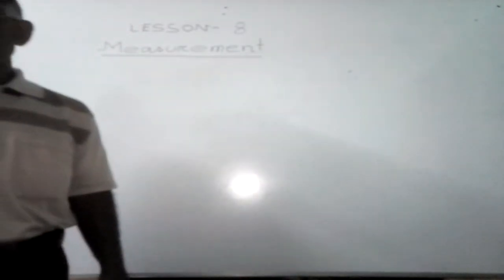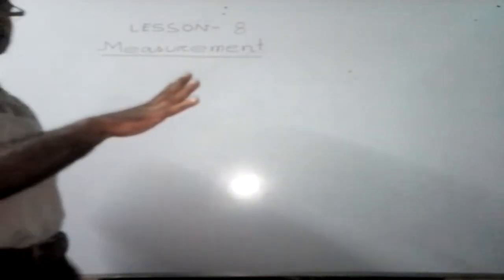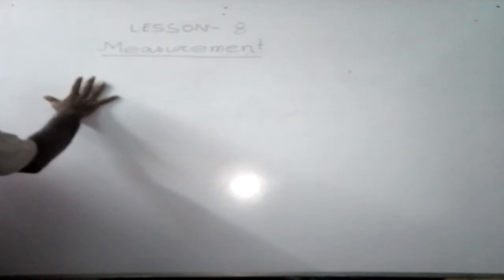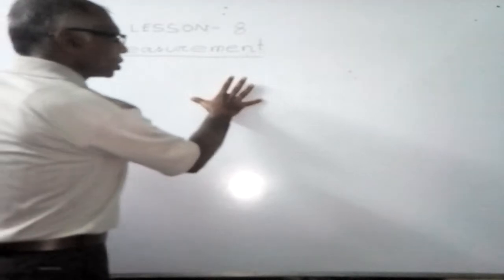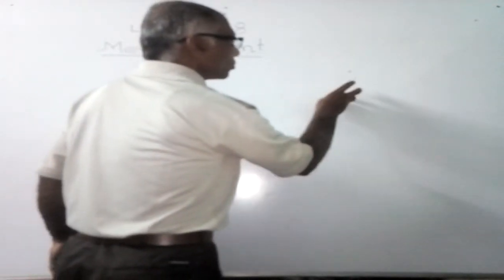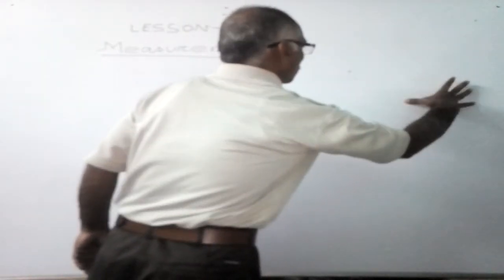Hello students, you have understood how to measure the length of any object. We can use what? Our foot span. Sorry, hand span, isn't it? We can use it. It is called hand span. You see, 1, 2, 3, 4, 5, 6. Like this way you can count.